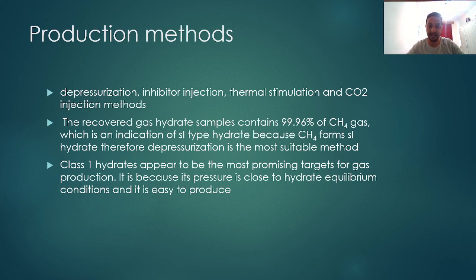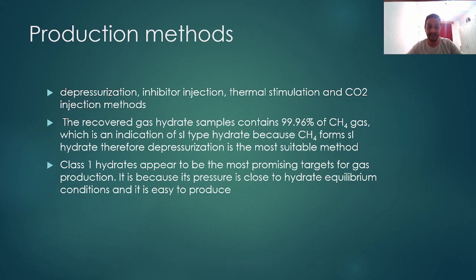The recovered gas hydrate sample contains 99.96% methane gas, which is an indication of an S1 type. As we mentioned before, most of the Black Sea has type 1 gas hydrate, class 1. So this led us to use one of these methods. I will talk about it later.